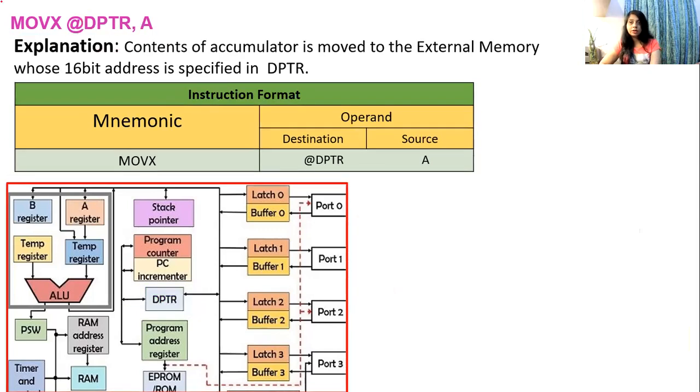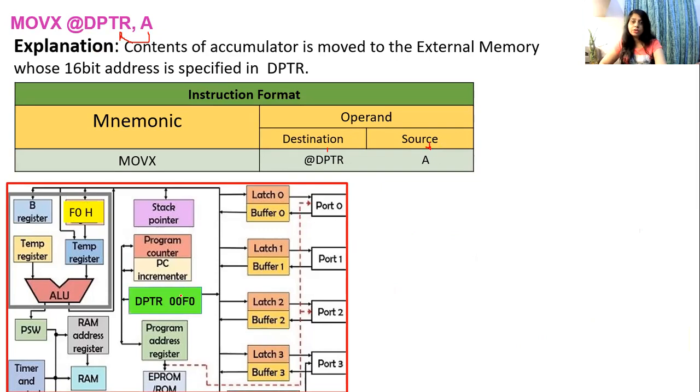Now I have done the opposite. Now source is destination and destination is source. Just change the position. I have written @DPTR on this side and accumulator on this side. So now destination is memory and source is A. Exactly opposite. It will transfer data from the accumulator to the memory location whose address is in the data pointer. Again assume that this accumulator holds F0.